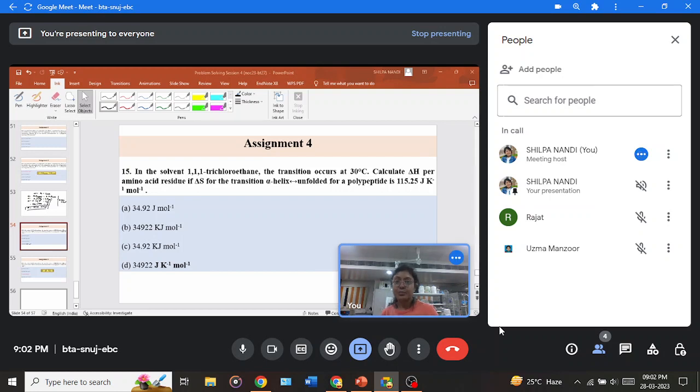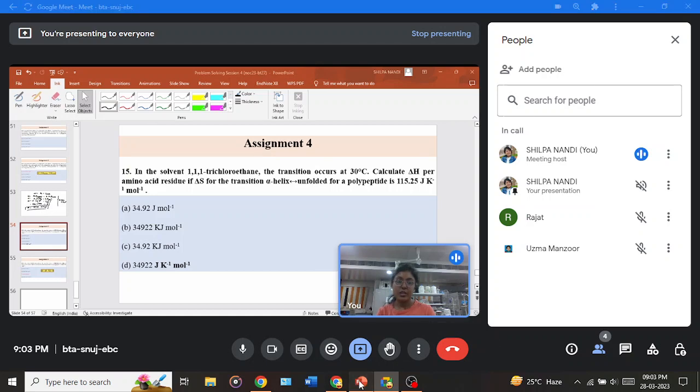So you have to find the delta H, right? Your options here are A, 34.92 joule per mole, B, 34922 kilojoule per mole, option C, 34.92 kilojoule per mole, and option D is 34,922 joule per Kelvin per mole. So again, you have to take care of the units. The units also matter, right?